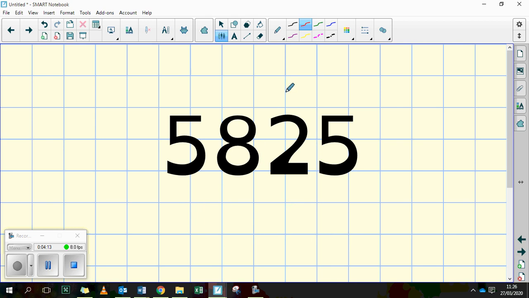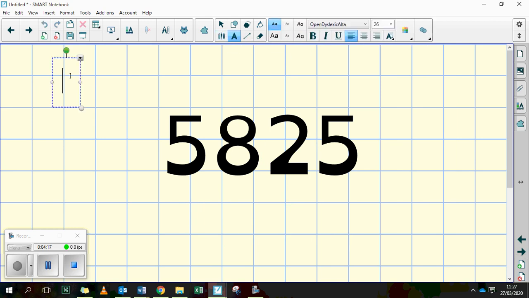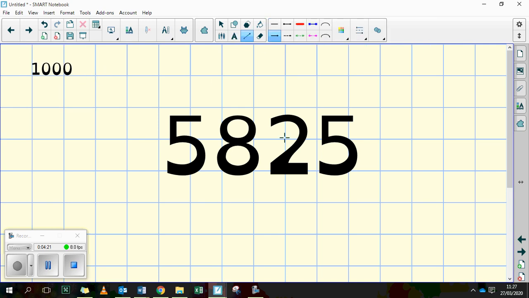And finally, rounding this time to the nearest 1,000. So rounding to the nearest 1,000, we will underline the 1,000 digit. We'll put the arrow onto the hundreds. And we're going to look at the 800 now.